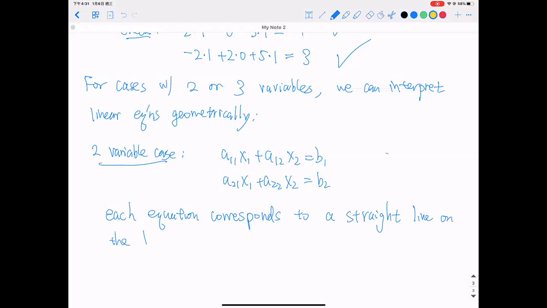Right, when you think of the pair x1, x2 as a point on the plane, then the points satisfying this linear equation give you a straight line on the plane.